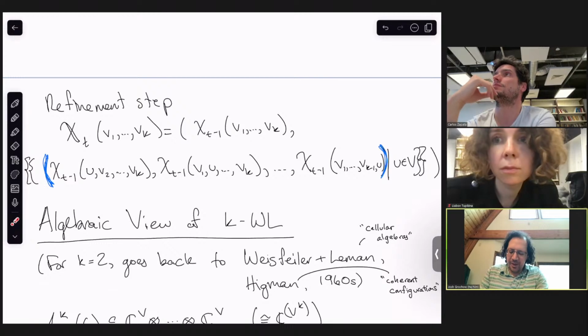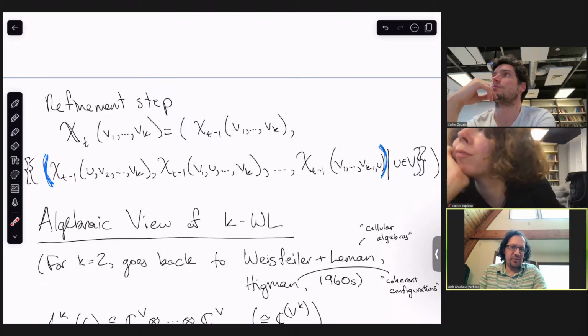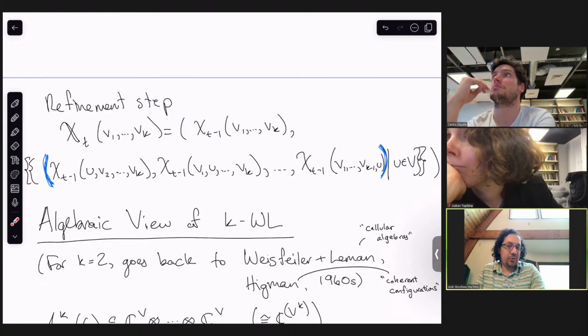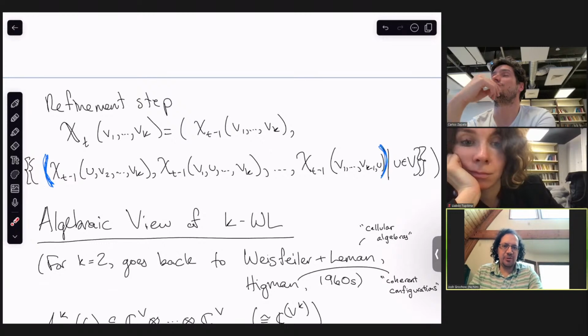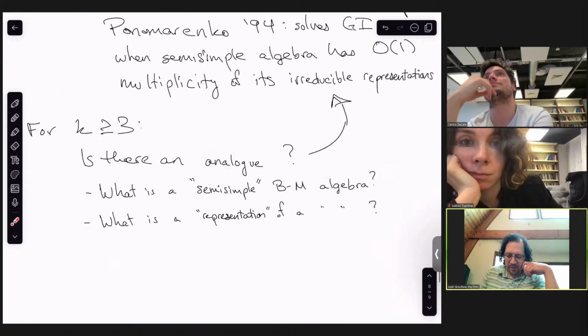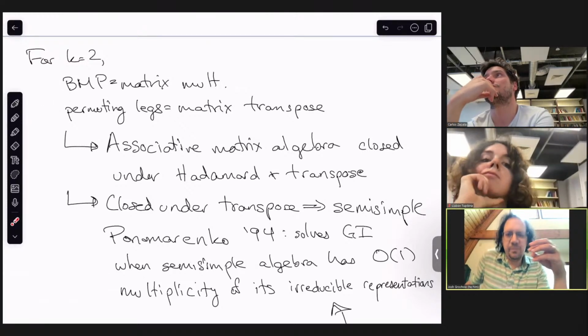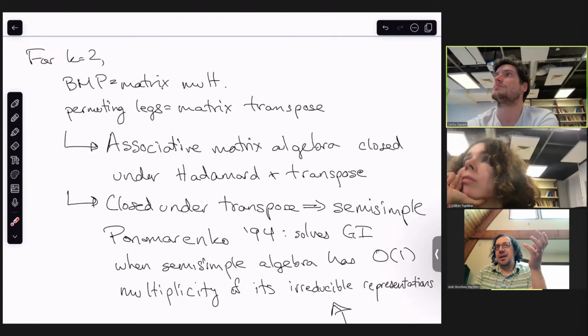Yeah. It's easy for me to imagine that if instead of Bhattacharya-Mesner you used one of these other hypermatrix products, you might be doing some of these other variants of Weisfeiler-Leman, or you might be doing something totally new. I haven't thought about it, but it's certainly an interesting question. And one of the things I'll say is that when you get things that are equivalent in power but look different, that can actually be really useful.